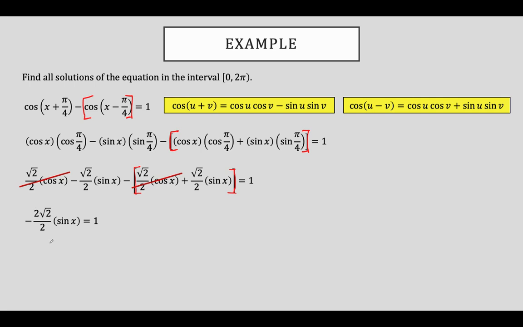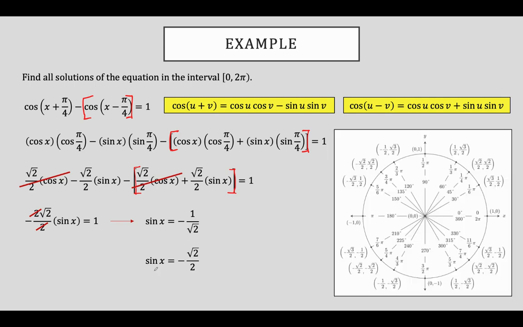Notice that our 2's we can cancel out, leaving negative root 2 times the sine of x is equal to 1, meaning that the sine of x is equal to negative 1 over root 2. Rationalizing our fraction by multiplying by root 2 over root 2, we get sine of x is equal to negative root 2 over 2.